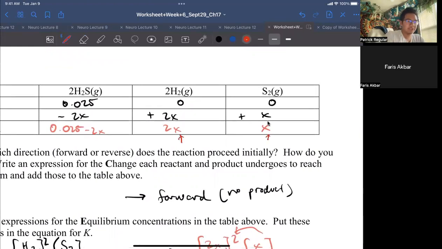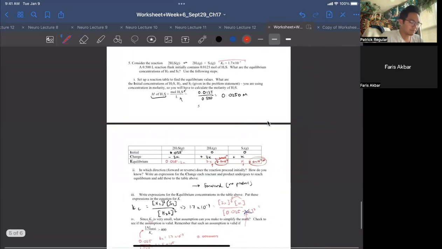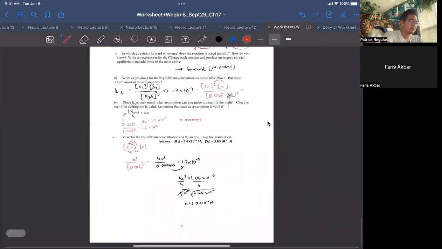This is just one, so you can write just 3.0 times 10 to the negative 4 molarity. But for here, you've got to multiply by 2. So 2 times 3.0 times 10 to the negative 4 is going to be 6.0 times 10 to the negative 4. Those are your final concentrations. I think that's it. All right.